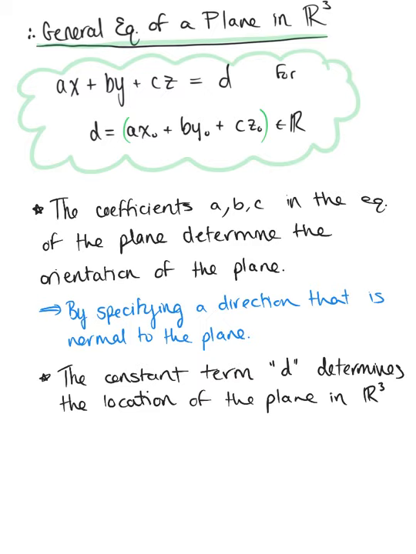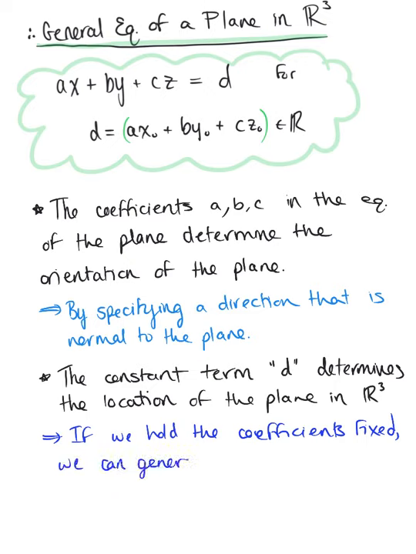So one final note here before we look at examples is if we hold the coefficients fixed, we can generate parallel planes by varying D. And this is because D is describing the location of your plane.